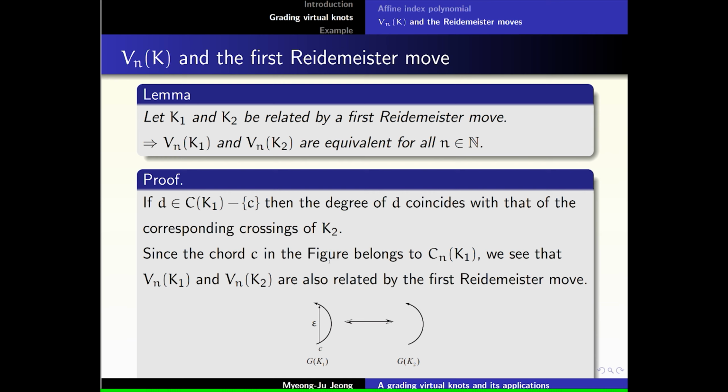And if we consider this chord C, then the degree of C is 0, and so C belongs to C_n K1, and we can see that C appeared in V_n K1, but C can be removed by using the first randomized move. So we can see that V_n of K1 and V_n of K2 are virtually isotopic.